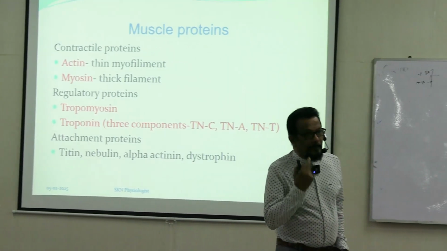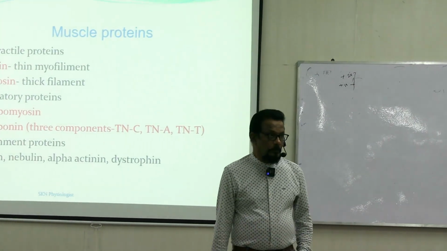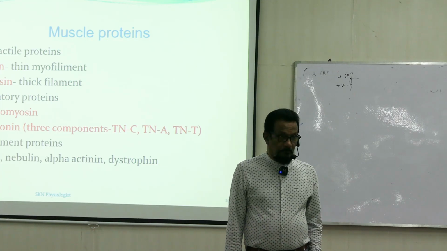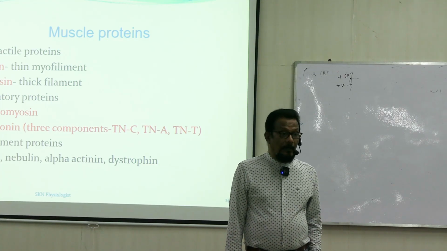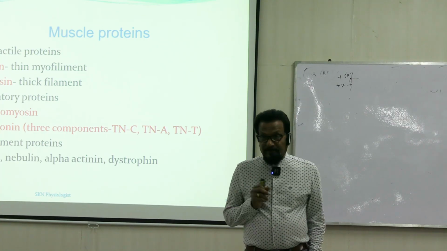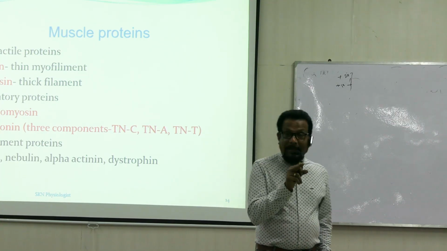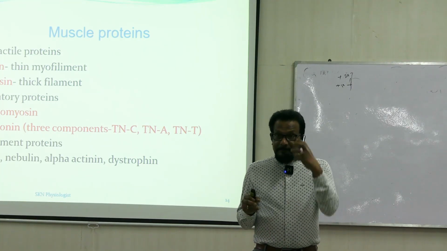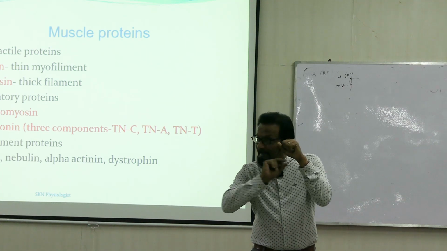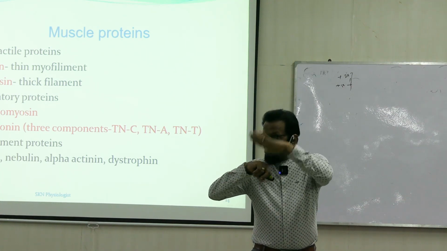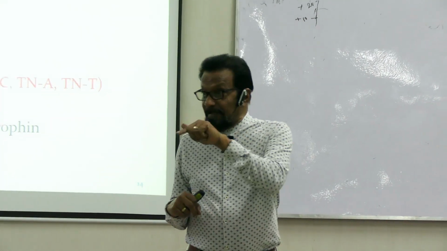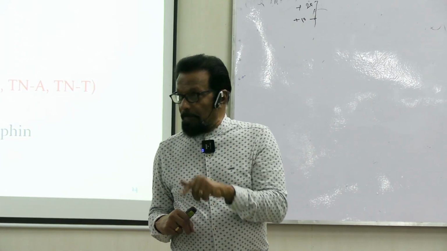Instead of Tn, we will write TROP: TROP-C, TROP-T, TROP-I. So what are their functions? TROP-I, this troponin component, will bind actin. It will remain fixed with the actin. And TROP-C will bind calcium ion.